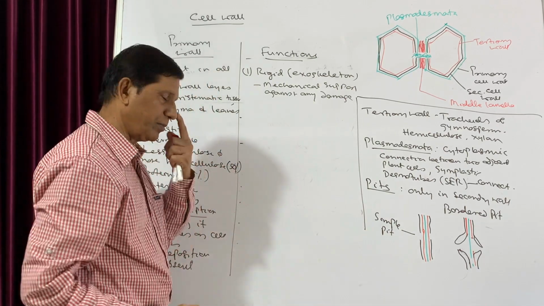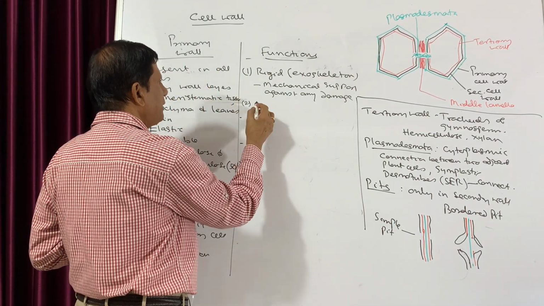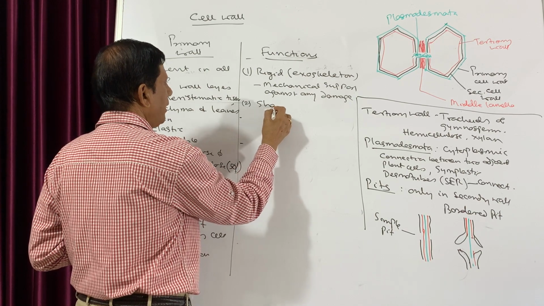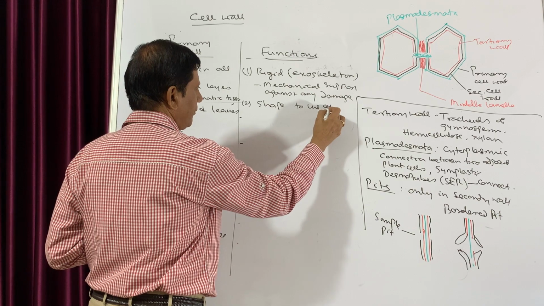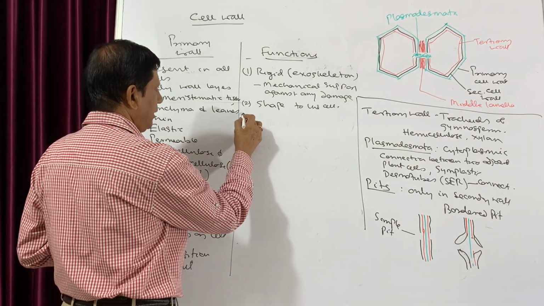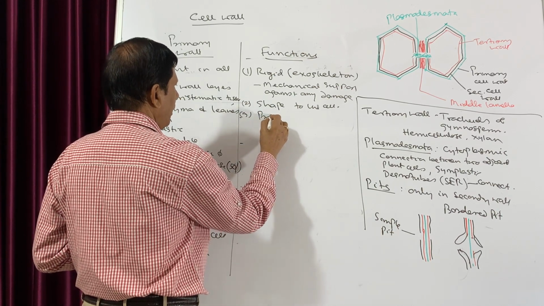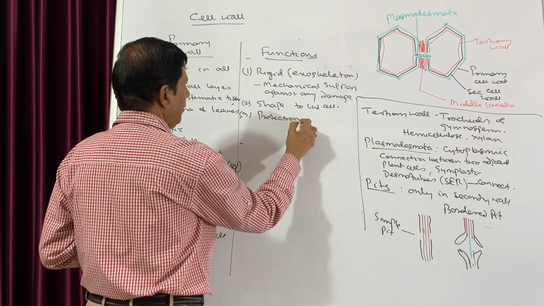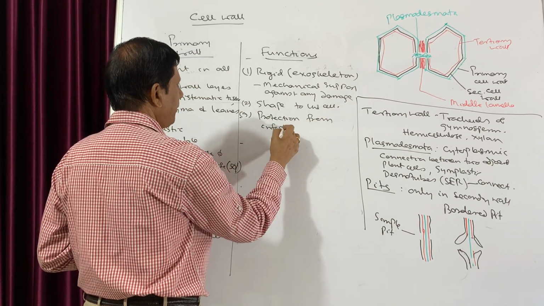That is one of the important functions. The second important function, it gives a definite shape to the cell. The third function is it gives protection from infection by pathogens.